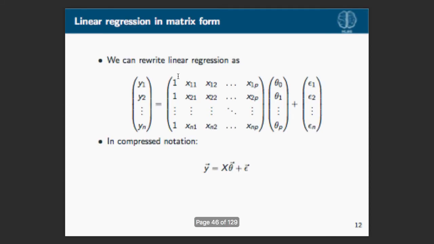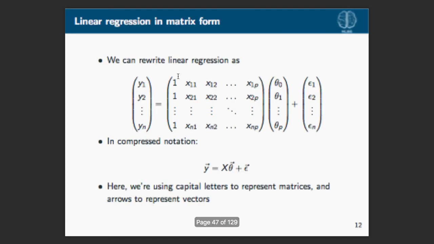So in the matrix notation, this is what it is. We're going to use capital letters to represent matrices and arrows to represent vectors. Yep. What is the E vector? That's the error. When we make a prediction, we're not going to be exact to y, so we can't just set this equal to y because that doesn't make sense.